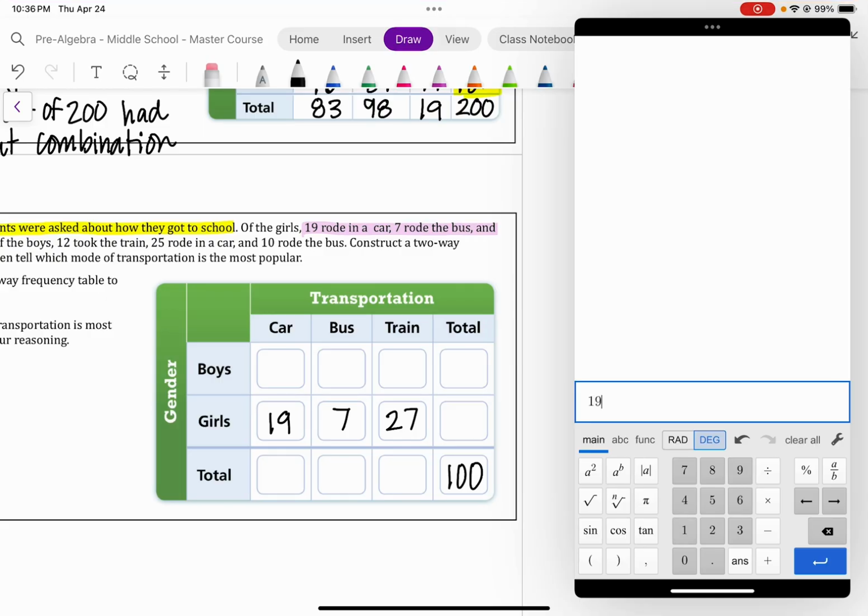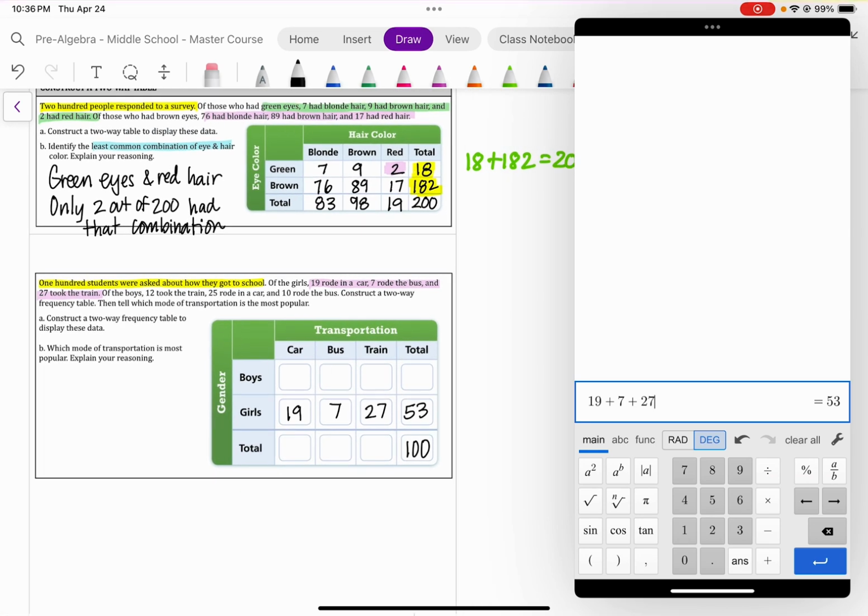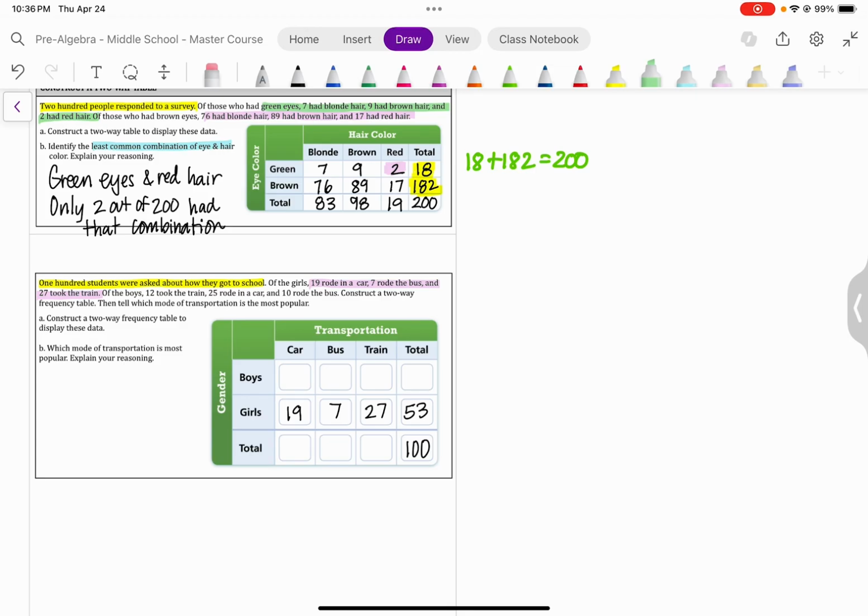So 19 plus 7 is 26 plus another 27 should be 53. Of the boys, 12 took the train, 25 rode in a car, and 10 rode the bus.